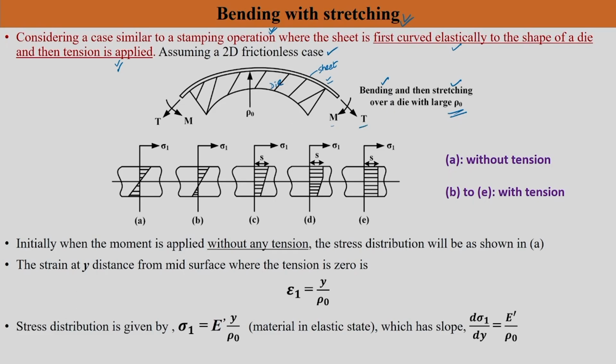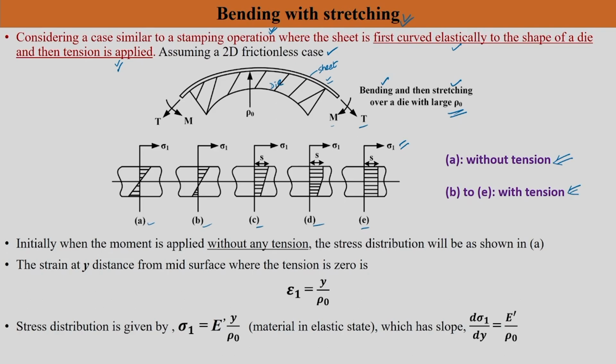So, in this situation your stress distribution, okay, can be drawn in 5 different stages, okay, from A, B, C, D, E you will see, and in these cases A is actually without tension, that is your initial stage. B to E is basically the second stage, but at different levels if you provide with tension, because we first said that you are going to give only bending, that means only moment is given, okay, then you are going to pull it to create a full shape.